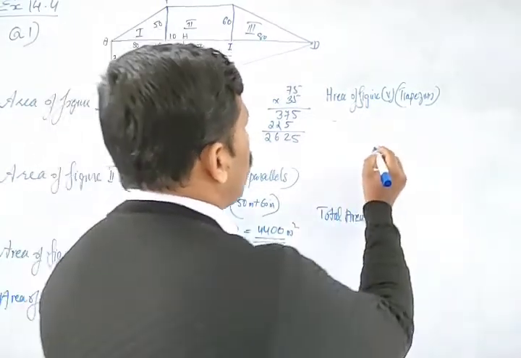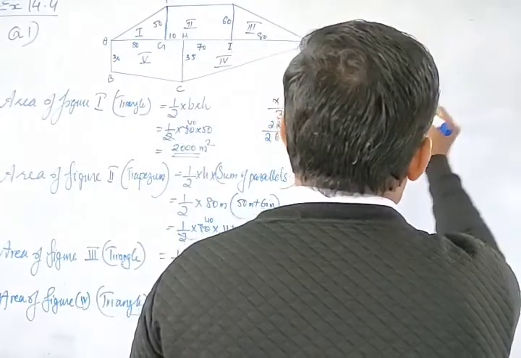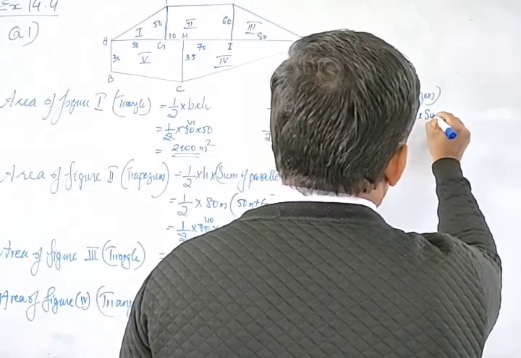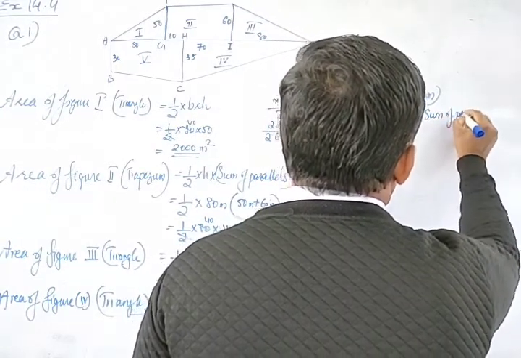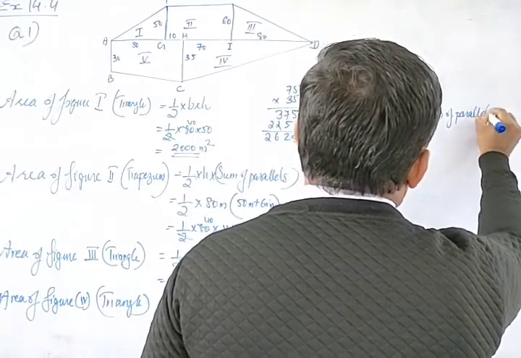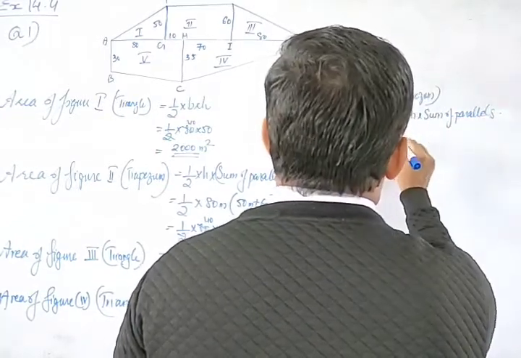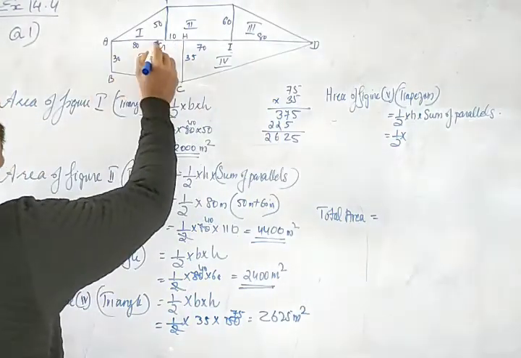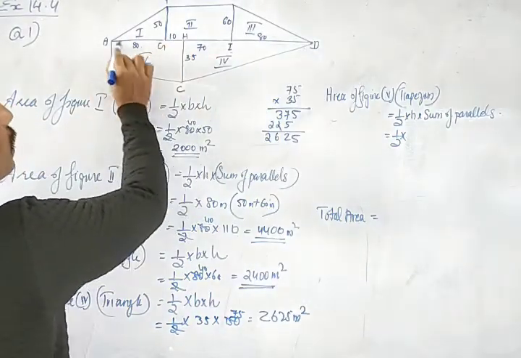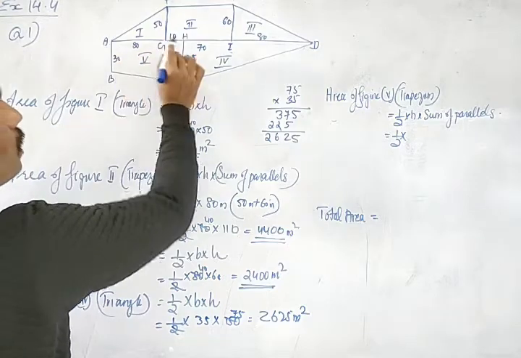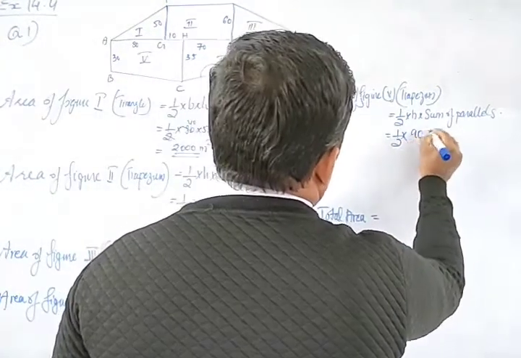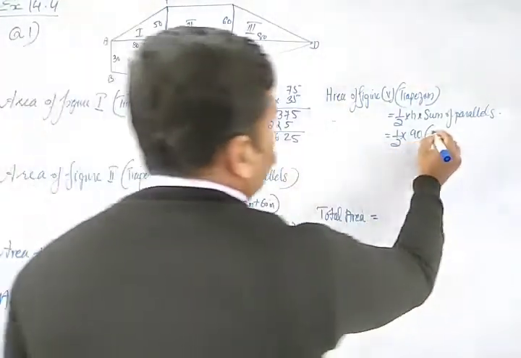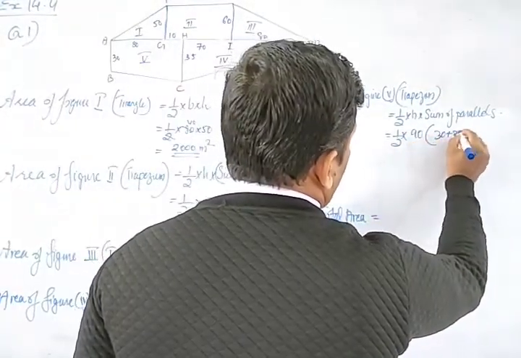Next, area of figure 5, the trapezium. Trapezium area is equal to half into height into sum of parallel sides. That means half into height. You know that this trapezium height is 80 plus 10. From here to here 80, from here to here total 90. 90 into sum of parallel sides. Sum of parallel sides means 35 and 30. 30 plus 35.